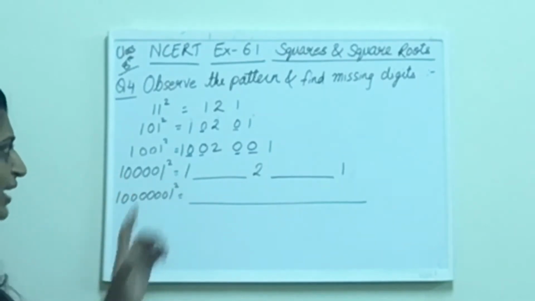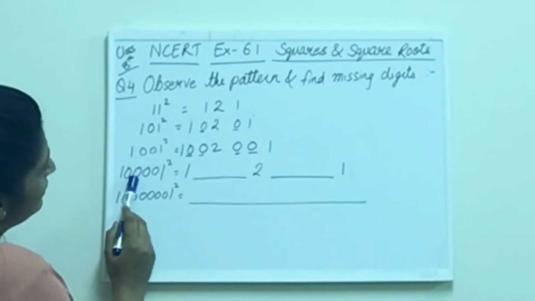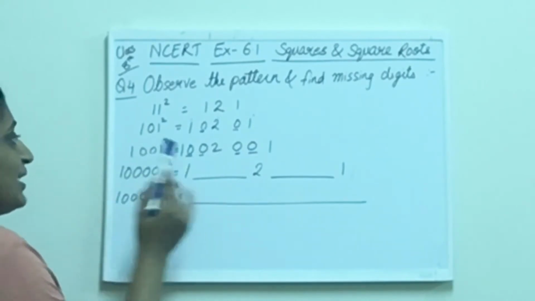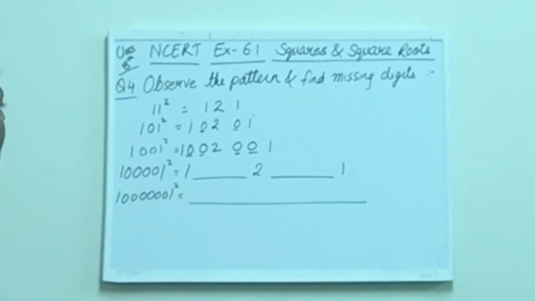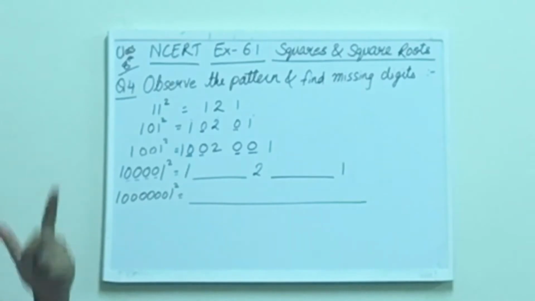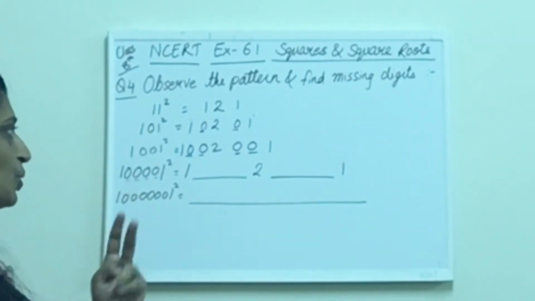We can see 1 and the number of zeros in 10,001. It's 1 lakh 1, not 10,000. So the number of zeros is 1, 2, 3 and 4. As I said, there are 4 zeros and 2 ones.